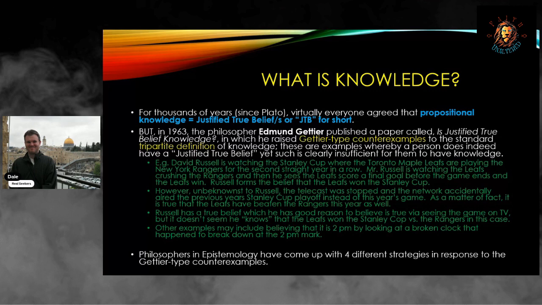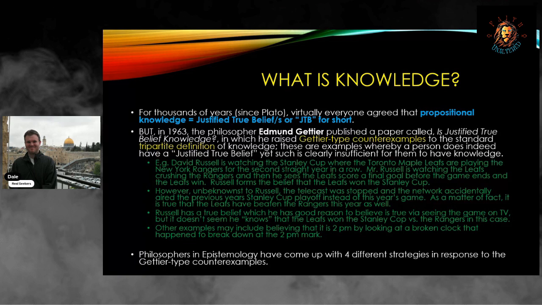I'll just give a quick example. This is based on one of Gettier's own examples, but I've modified it. So David Russell, beloved David Russell, good old heretic there. And let's say he's sitting down and he's watching the Stanley Cup, where the Toronto Maple Leafs, yay Toronto, I'm a Canadian here, are playing against the New York Rangers.